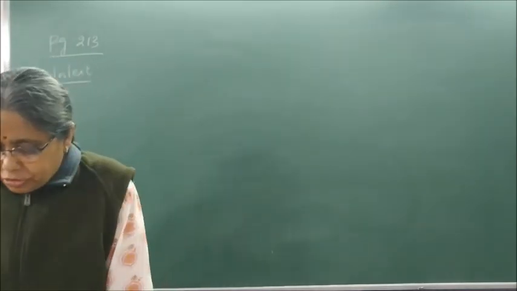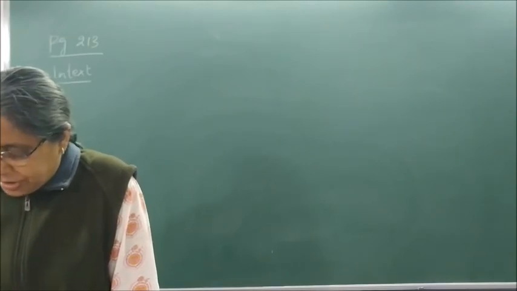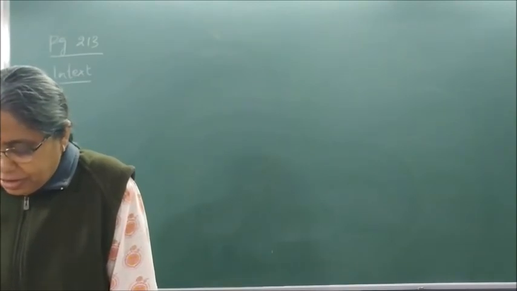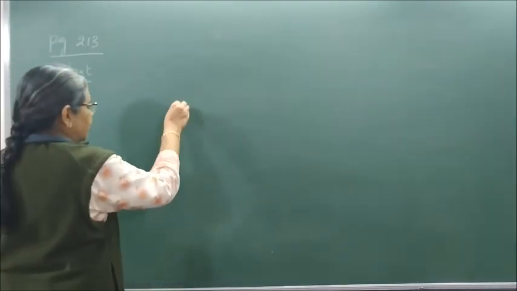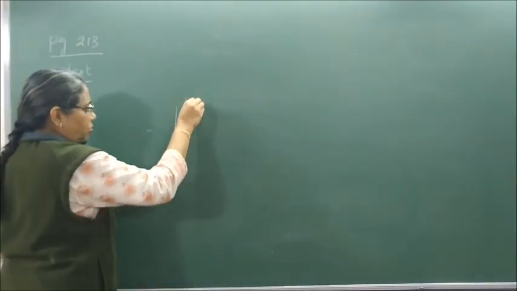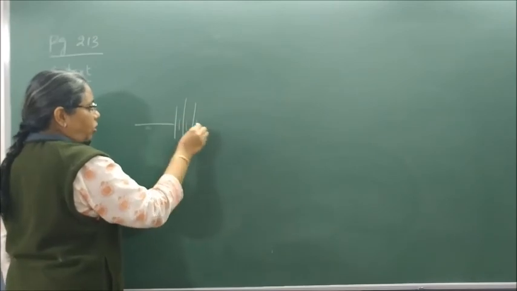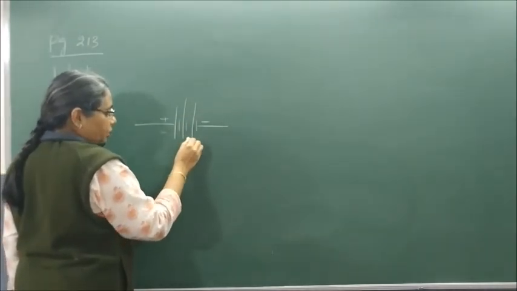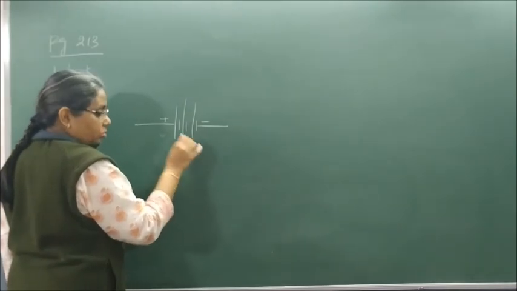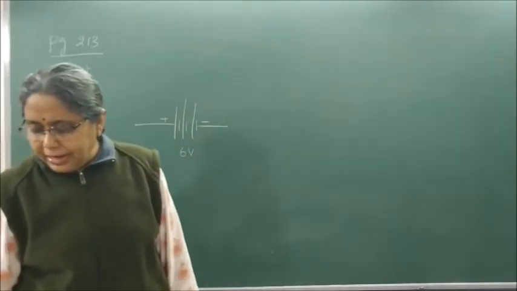It says, draw a schematic diagram of a circuit consisting of a battery of 3 cells of 2 volt each. So we will put 3 cells, 1, 2, 3 cells of 2 volt each. So 2 plus 2 plus 2, 6 volts. Then it says what?